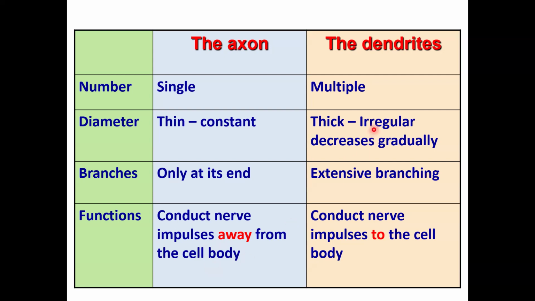Dendrites are multiple in number, thick, irregular, decreasing gradually in diameter. They have extensive branching, multiple branches, not single, and conduct impulses towards the cell body.